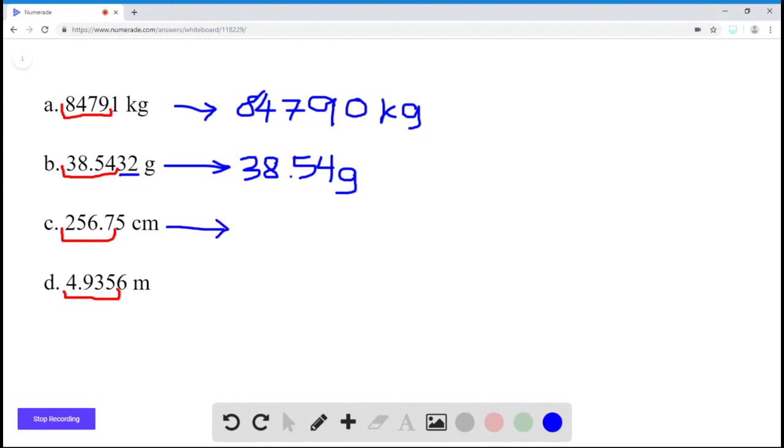So for this third value, you have 256 point something.